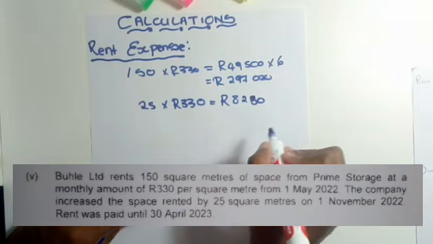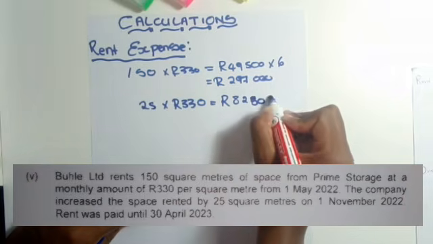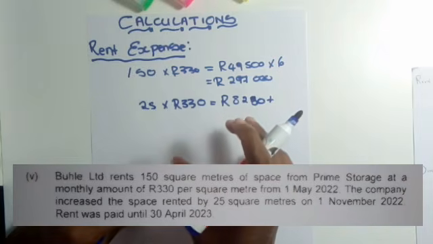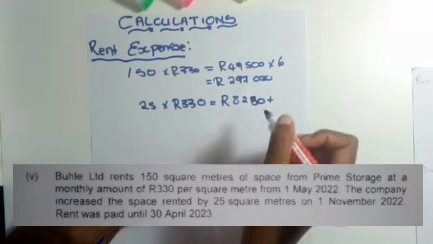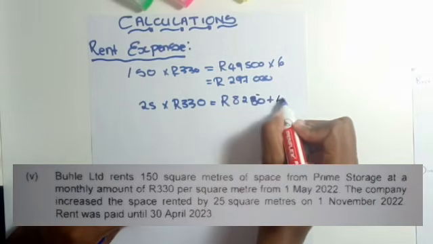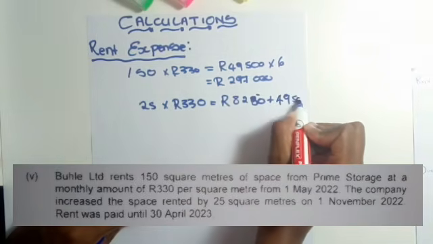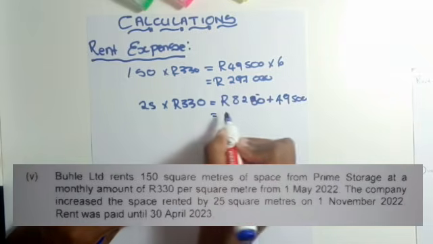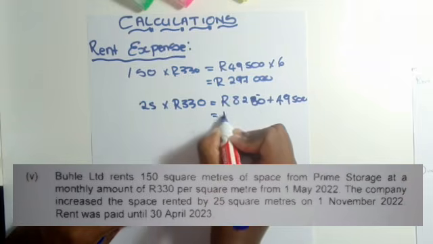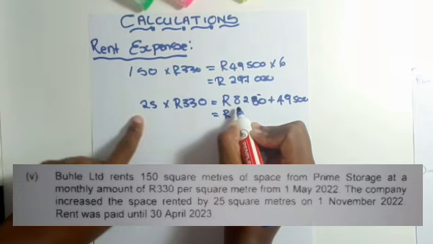Now that 8,250 is just an increase. I have not really included in it the amount that I paid before my increase, which is 49,500. So this means that after my rent, I increased it with 25 square meters.